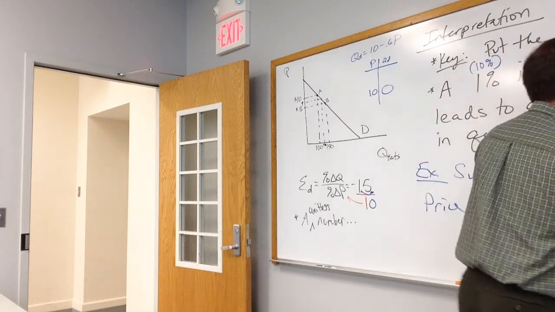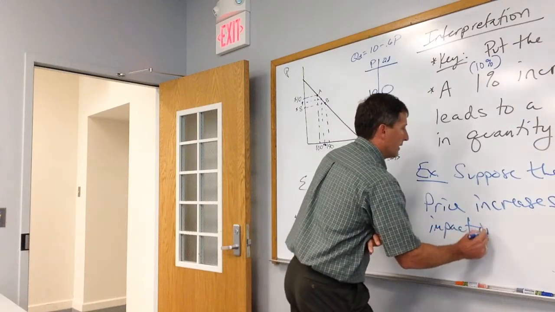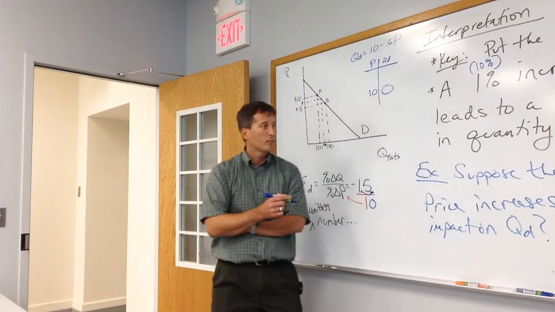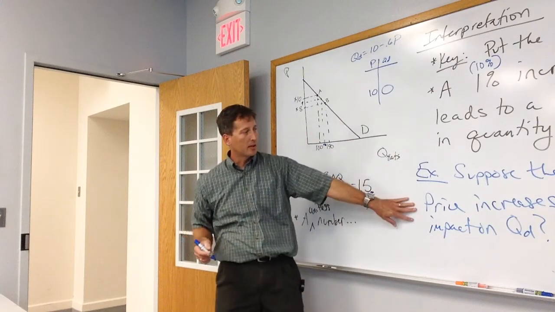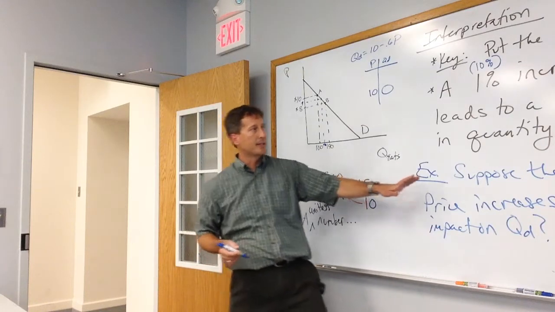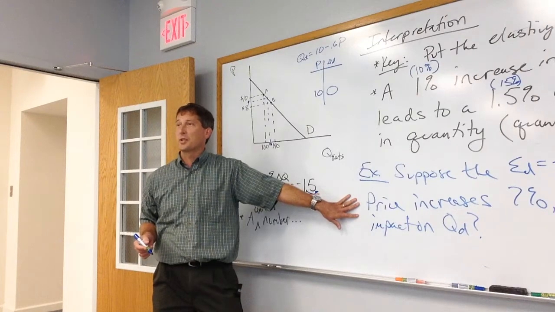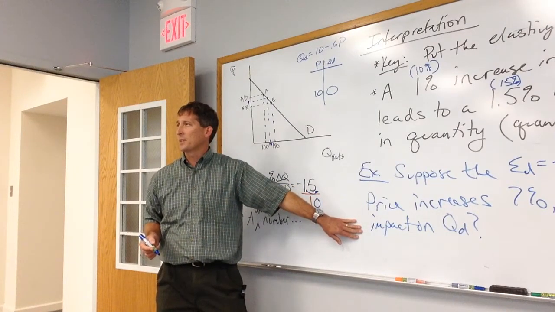What is the impact on quantity demanded? So this would be maybe a way a question could be worded. Suppose the elasticity of demand is negative 1.5 and price increases 7%. What is the impact on quantity demanded? How do we go about solving this?